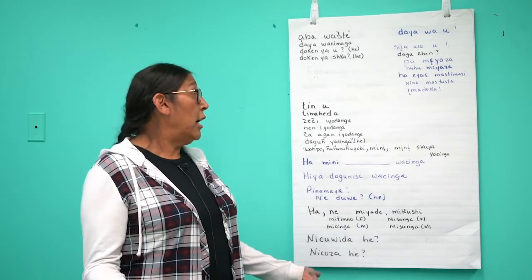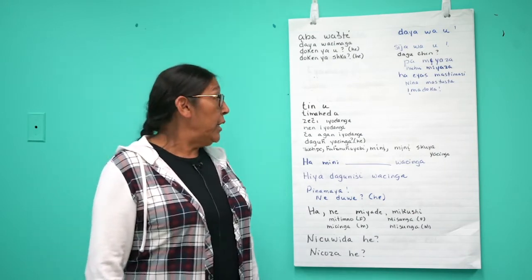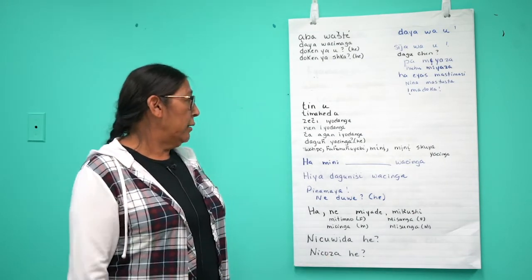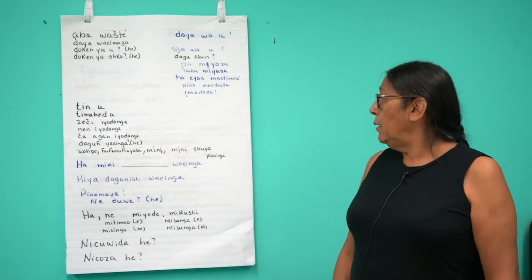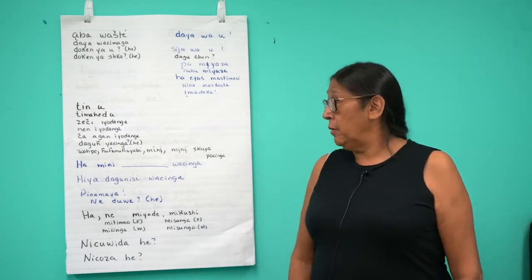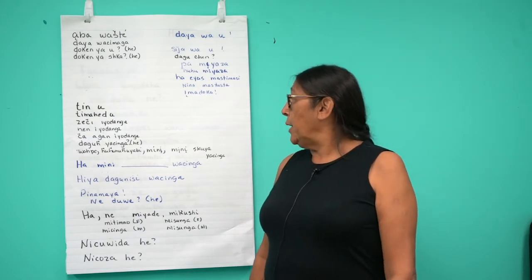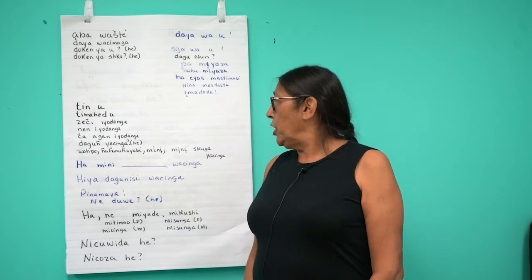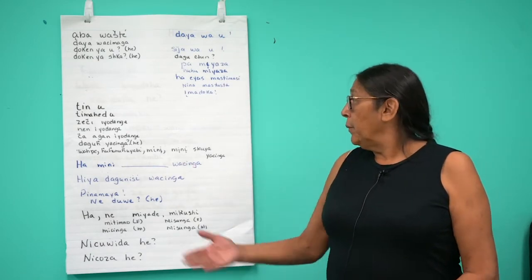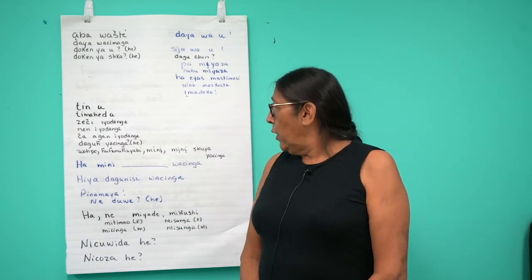Wachbe, hochnachyabi, miniskuya yaching. Now you've been offered something to drink, you can say miniskuya waching, I'll have some juice, or hochnachyabi waching, yes, I'll have some coffee. Wachbe waching, mini waching. You can answer whatever you're offered.